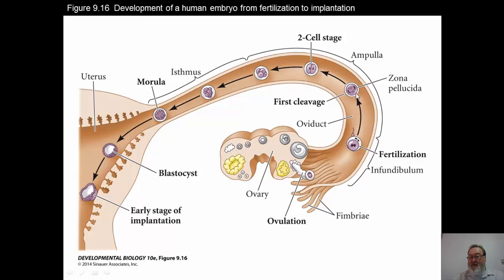It's inside of a membrane called the zona pellucida. Now, the zona pellucida is pretty important because what that does is to keep that egg and the developing zygote isolated, so that as it passes down through the uterine tube, it does not attach to that uterine tube.